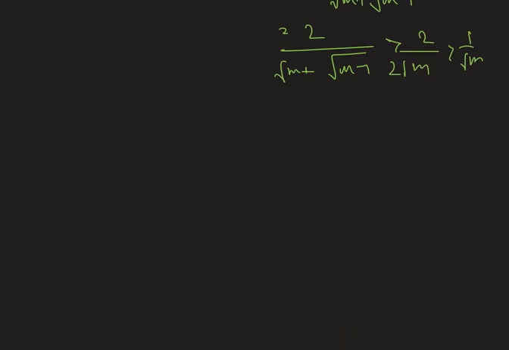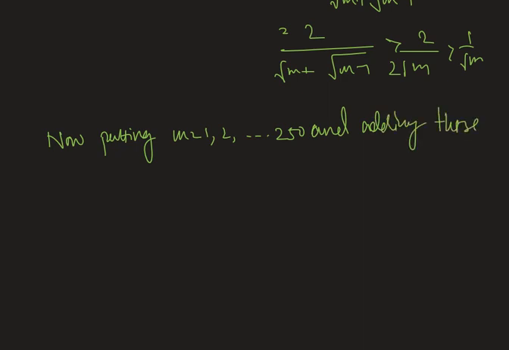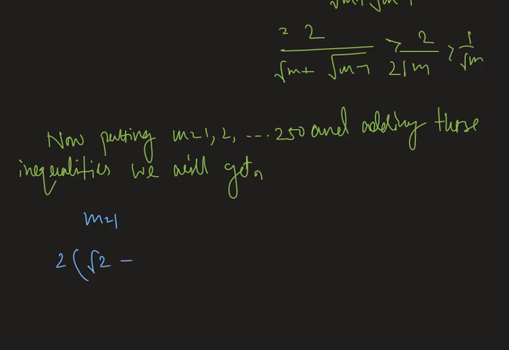Now putting m equals 1 to 250 in this inequality and adding those inequalities, we will get, for suppose m equals 1, we have 2 into root over 2 minus root over 1 less than 1 by root over 1 less than 2 into root over 1 minus 0.